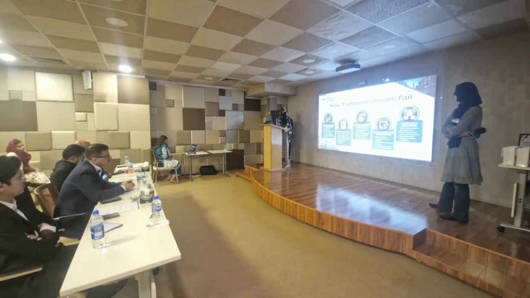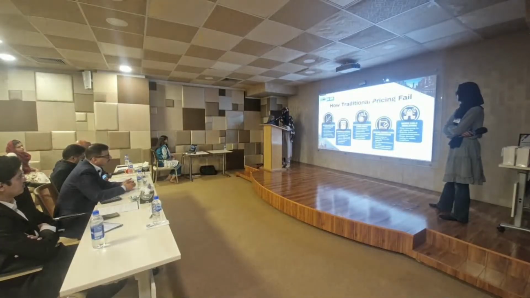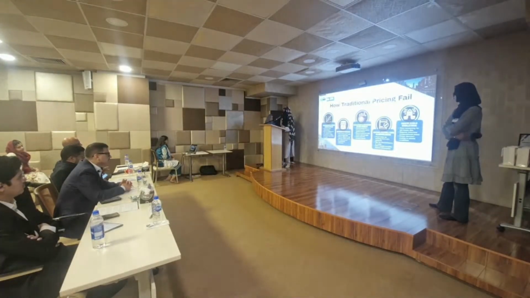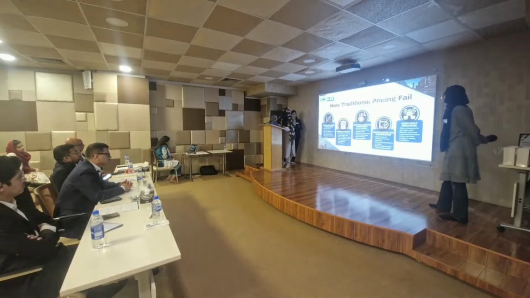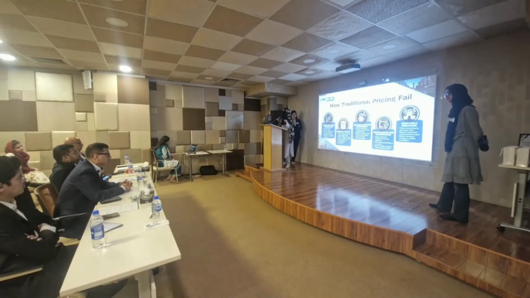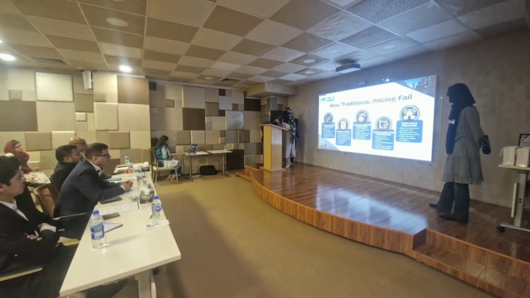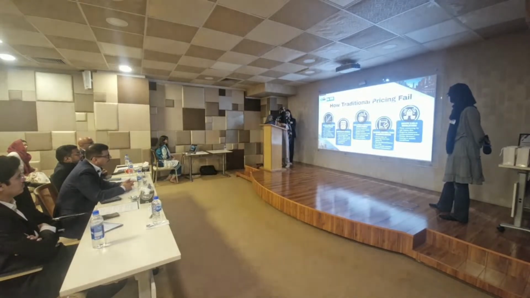Now we move to the next slide, which is how traditional pricing fails. First we have the generalized linear model. It is a statistical, traditional model. It works well for everyday risk, but often fails during CAT and pandemic events. Next are predictability models. They combine two sources of information to set a fair premium, but they break down on emerging and new risks. Third is the loss ratio and exposure based model.